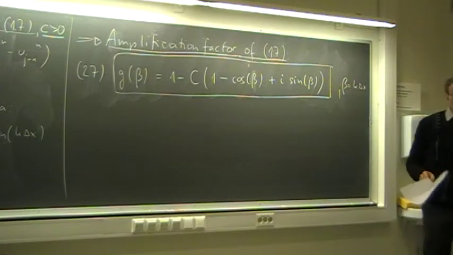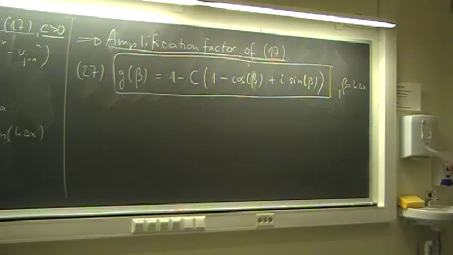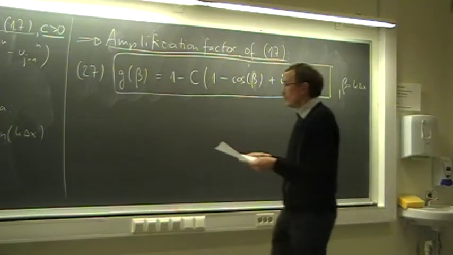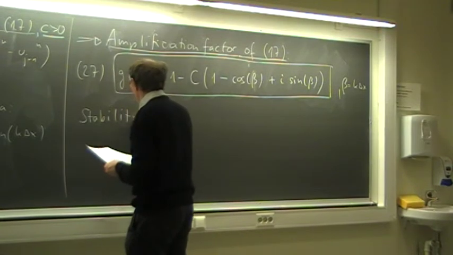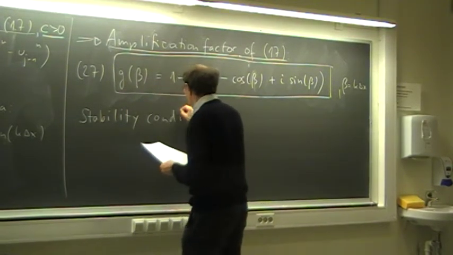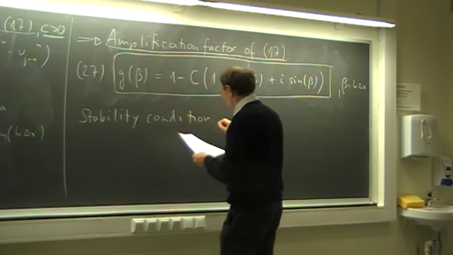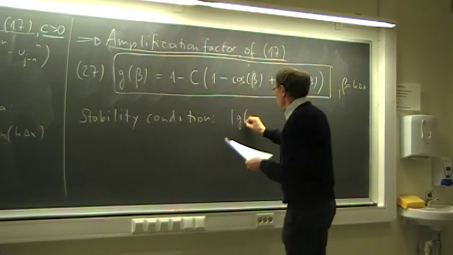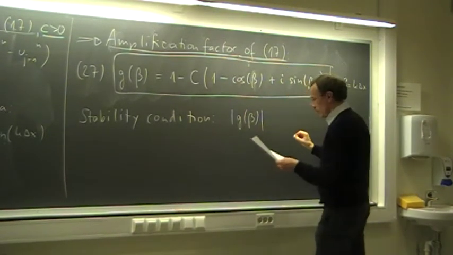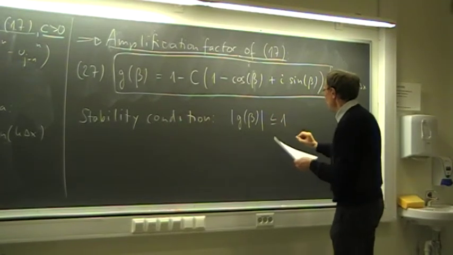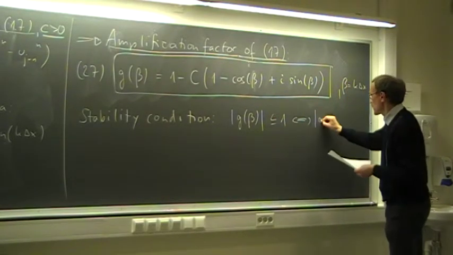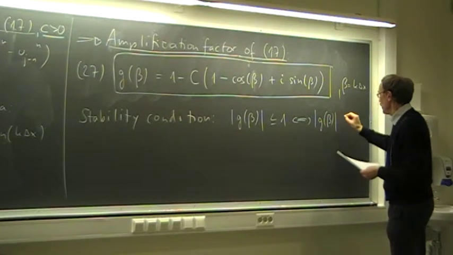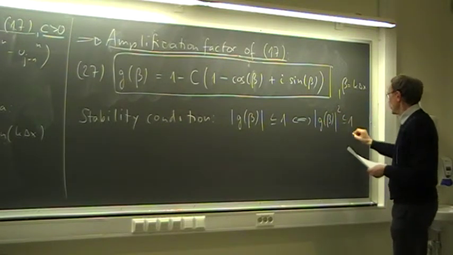And the stability condition is that this absolute value should be smaller or equal than 1 for all relevant beta, and that is the same as to say g of beta squared smaller or equal than 1.